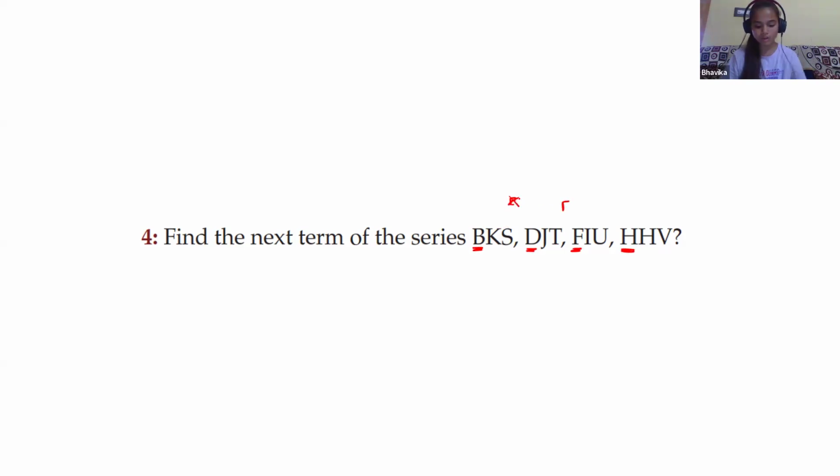So after H, if we skip I, we get J. So the first alphabet is J. For the second alphabet, they have taken K, J, I, H. They are going backward in the series. So after H, we get G. And the third alphabet, they are going forward, S, T, U, V. So the next alphabet will be W.